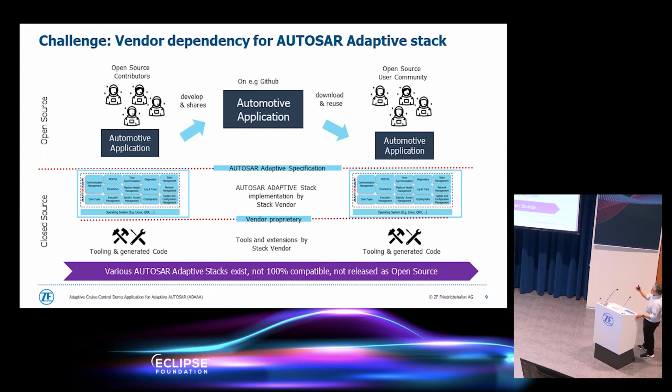And in this scenario where you provide an application and the community appreciates your contribution and uses it, you have at the moment to share the same stack. So that limits the community because there are many stacks out there, and it partitions the automotive space at the moment. I'm not saying I have a solution for that, I'm just trying to highlight a problem that will emerge once we are at that point where we want to share applications.